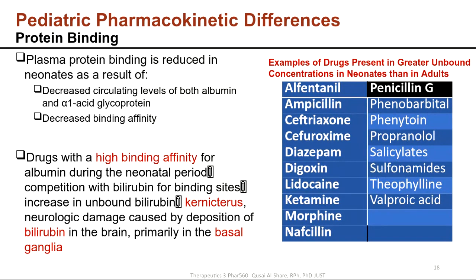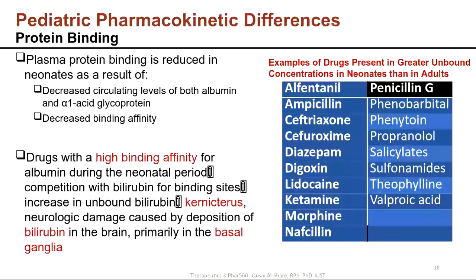So for drugs with a high binding affinity for albumin during the neonatal period, there will be competition, of course, with bilirubin for binding sites. The drug has high affinity for binding these proteins, and their bodies also have bilirubin.